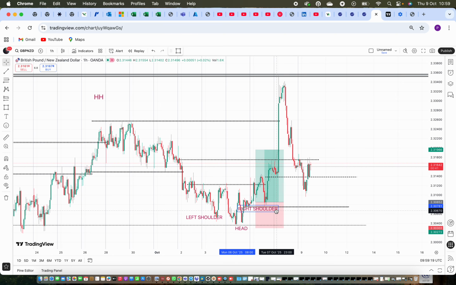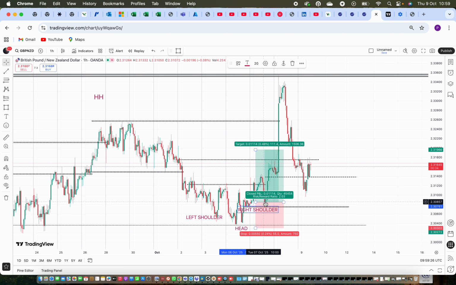And notice when price came back after we broke structure at this level, it came back and took out the left shoulder. That is when I actually took this trade, and you saw how beautifully this trade went.